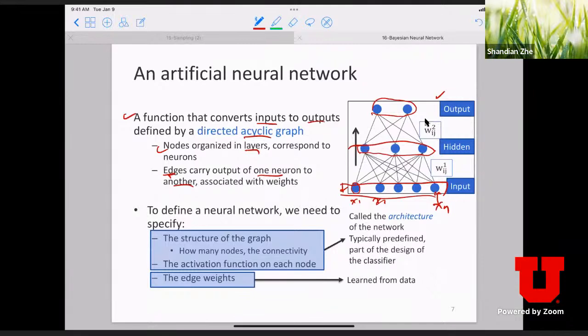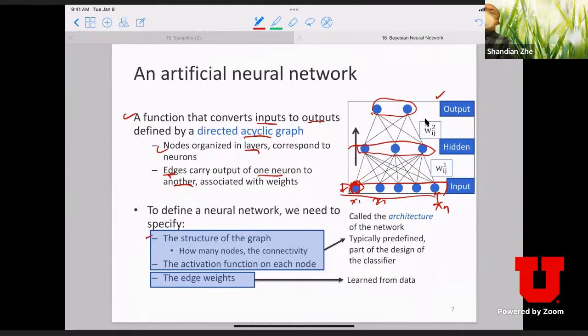To define a neural network, you need to specify the structure of the graph, meaning how many layers we're going to use, how many nodes per layer, and how those nodes are connected. The easiest one will be fully connected, meaning each neuron in this layer will be connected to all the neurons in the next layer.